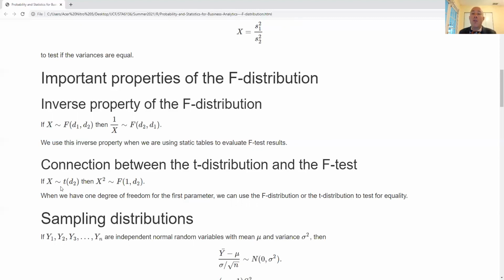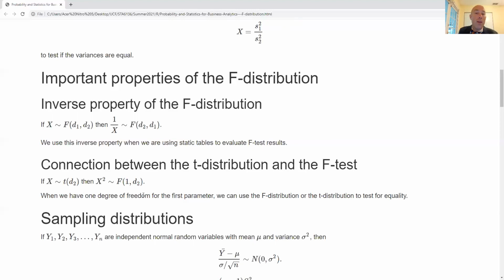Now, the next one has a connection to ANOVA and to the t distribution, specifically when we have 1 degree of freedom for the first parameter. So let me back up. If x is a t random variable with d2 degrees of freedom, then its square is an F distribution with 1 degree of freedom on the first one.